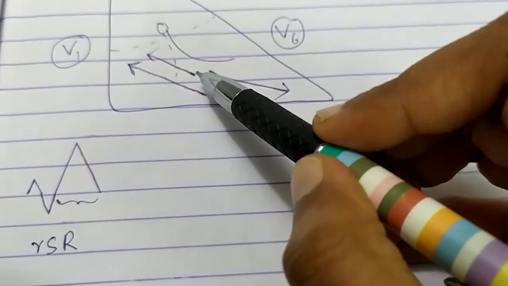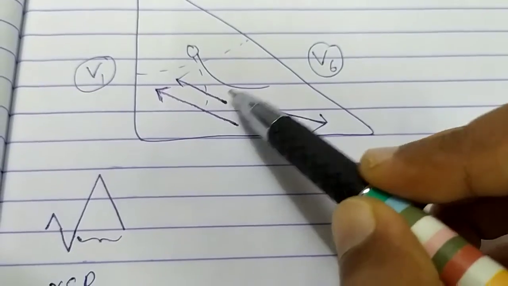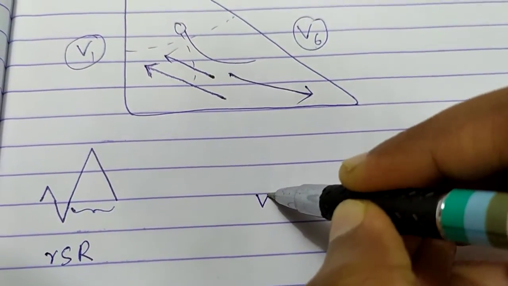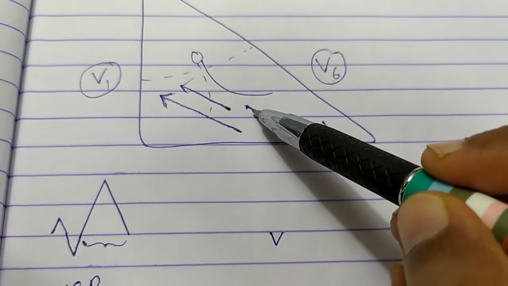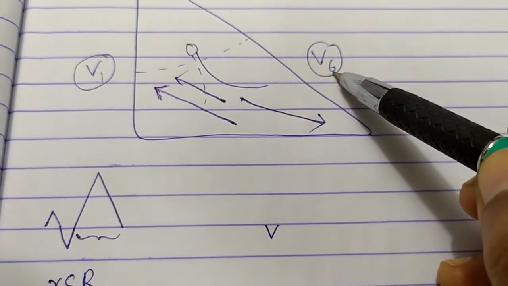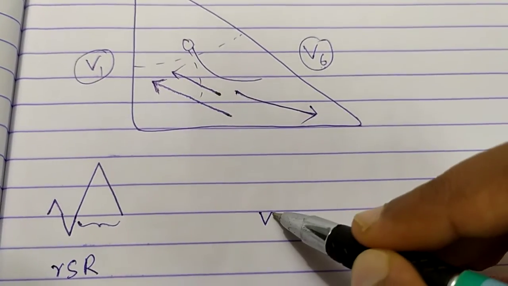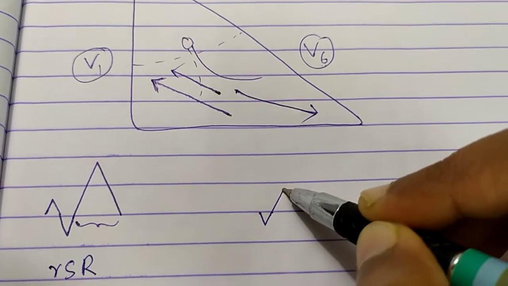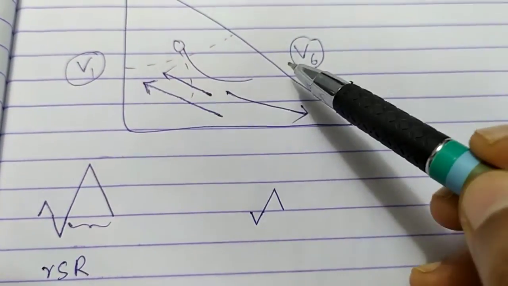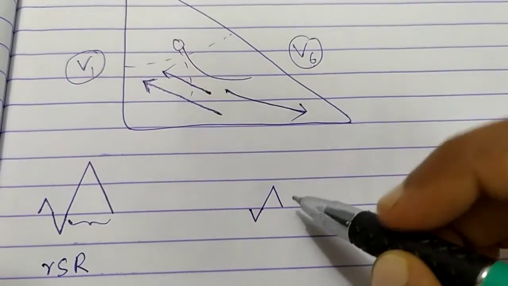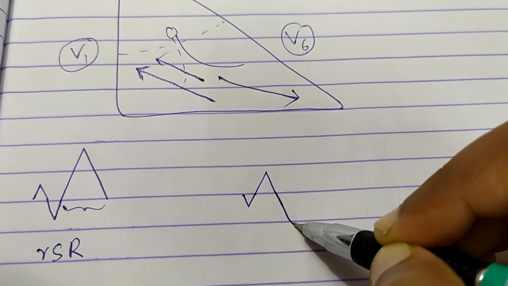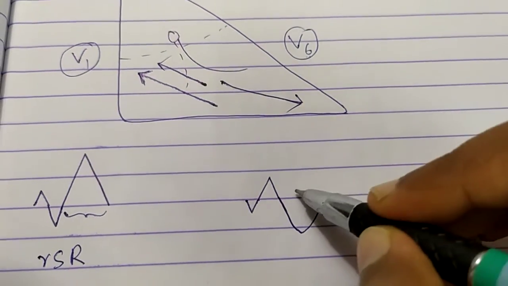So the septal depolarization vector, which is moving away from V6, gives a small negative wave, and the left ventricular depolarization vector, which is moving towards V6, produces a positive wave, and the right ventricular depolarization vector, which is moving away from V6, gives a wide negative wave.